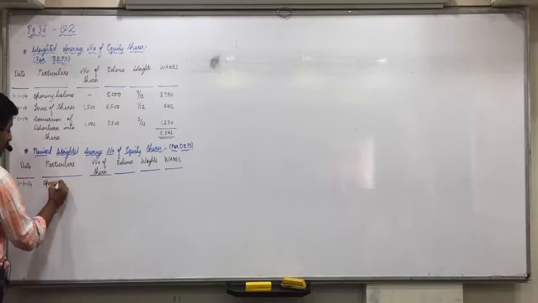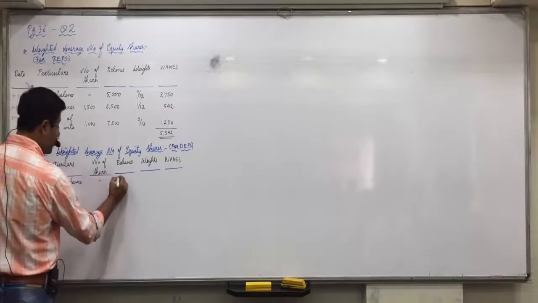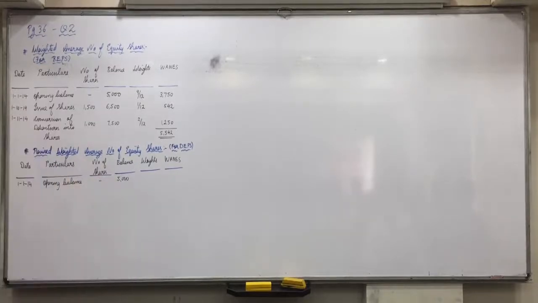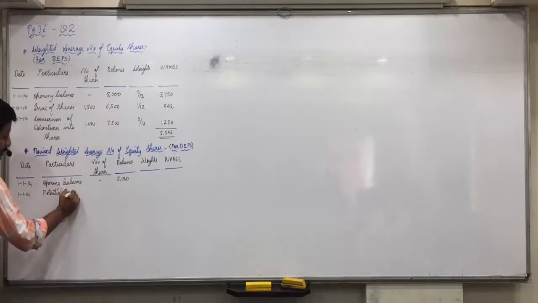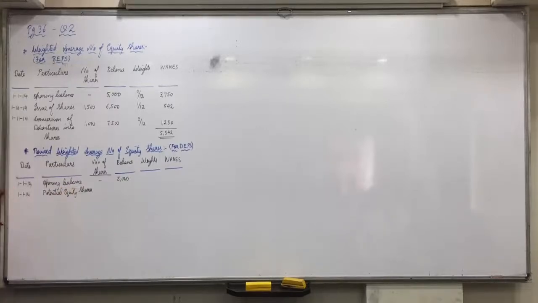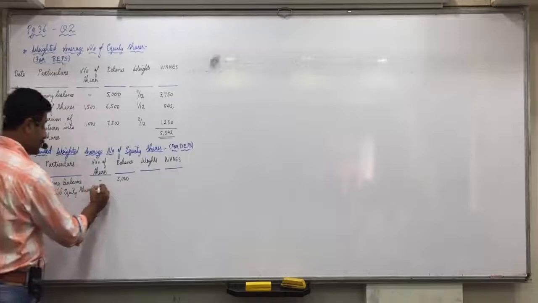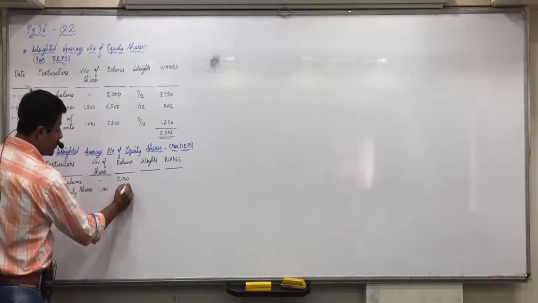1/1/14, opening balance 5,000. Further, again on 1/1/14, now for diluted EPS we'll take this conversion of debentures into shares as a potential equity share from 1/1/14. Raise your hand who did not understand this. Yesterday we did this concept. 1,000: 5,000 plus 1,000, 6,000.